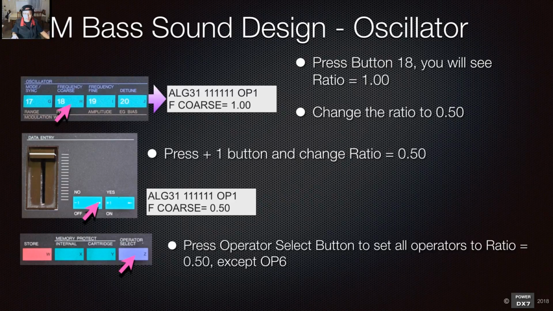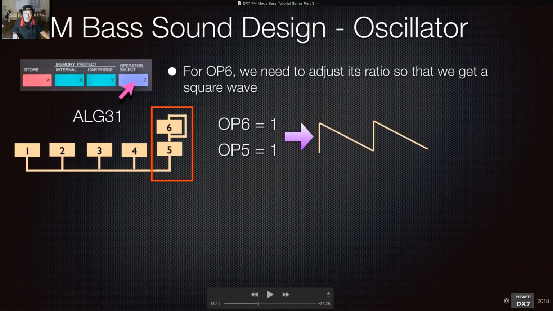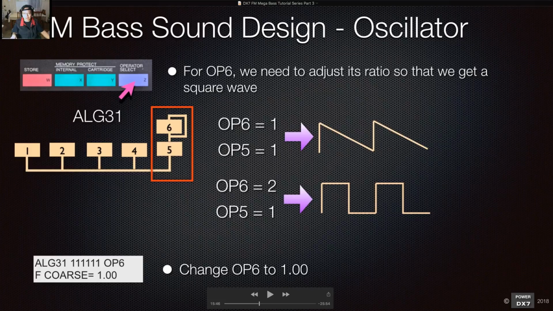Now that's the key part. For operator 6, we need to adjust its ratio so that we get a square wave, and here is how to do that. With operator 6 and operator 5, if it's a ratio of 1 to 1, you get the sawtooth. So this is what we have to do. Operator 5 and operator 6 have to be at a ratio of 1 to 2. That's how you get the square wave.